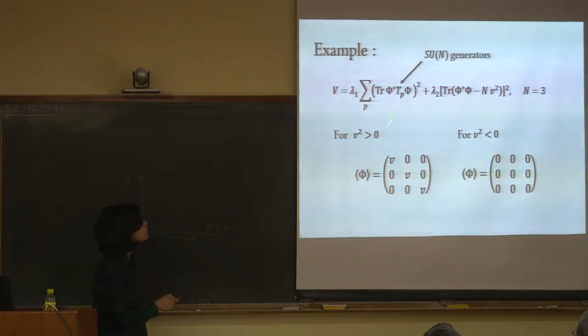And what this term is doing is making sure that phi has a diagonal vacuum expectation value whenever v square is greater than 0. So as you dial parameters, going from v square greater than 0 to less than 0, you go from a regime where phi has a vacuum expectation value to another regime where it doesn't.